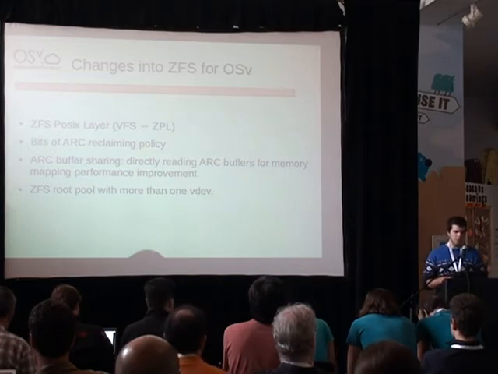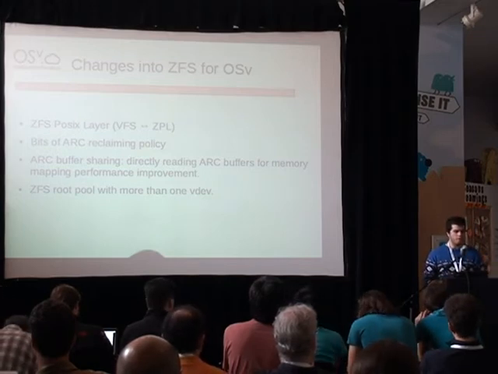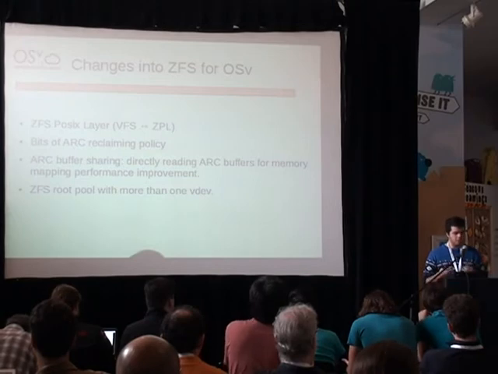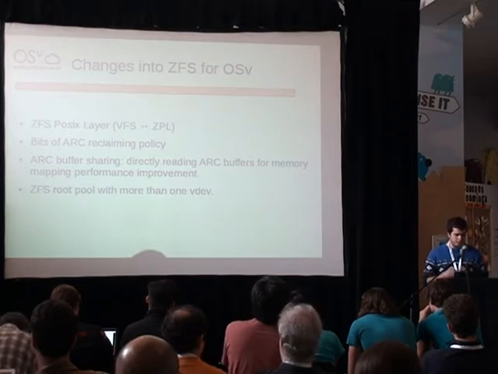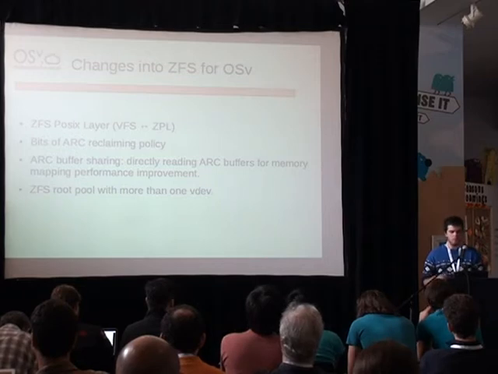I had to change it to be aware of all the other vdevs that are inside the same pool. It didn't take a lot of change, but it was nice, and I would like to share that with the other platforms as well.